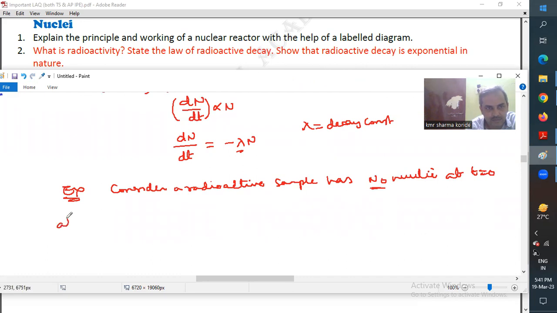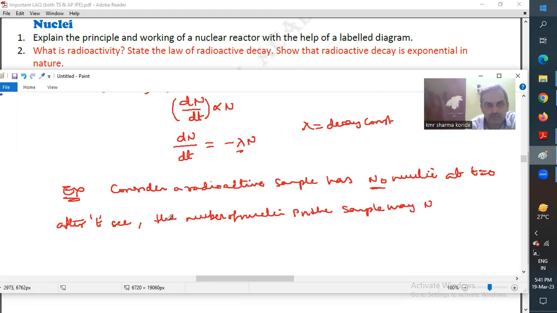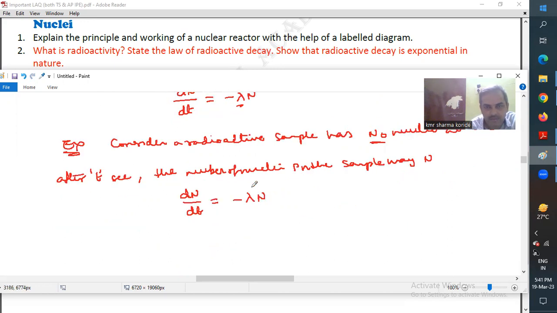After t seconds, even this can be the half-life period also, after t seconds, the number of nuclei in the sample may be N. So therefore, dN by dt is equal to minus lambda N. Then we can continue the same equation as dN by N is equal to minus lambda into dt.